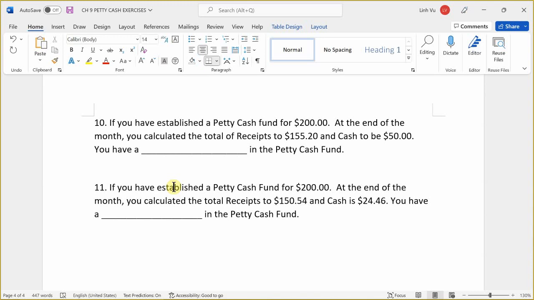Number 10, if you establish a petty cash fund for $200, and at the end of the month you calculated total receipts to be $155.20 and total cash to be $50, you have a blank in your petty cash fund.